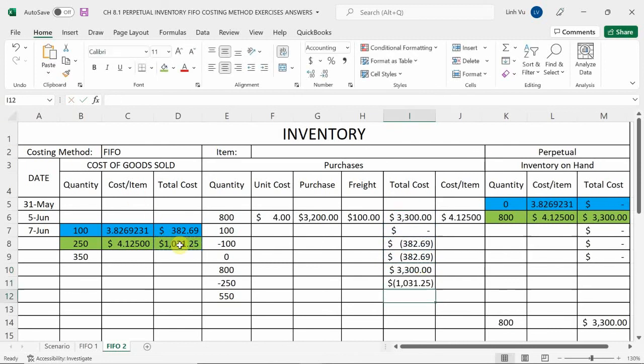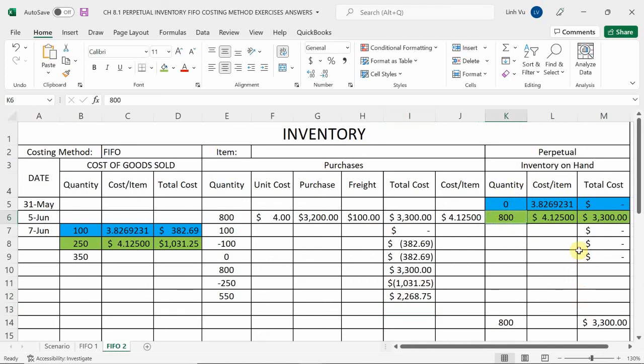If we started out with $3,300 and we sold $1,031.25, we should have a new grand total of $2,268.75.